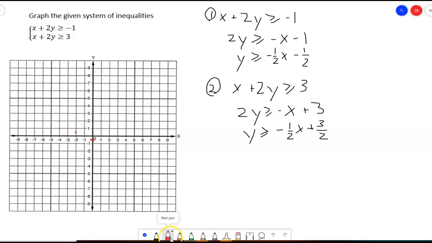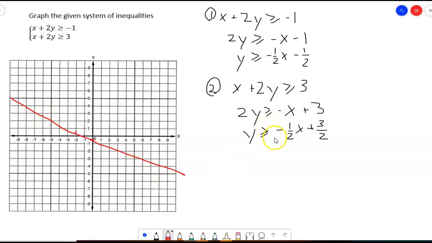Let me, oops, where is the size? Oh, there we go. Let's put a point here, put a point there. Down 1 to the right 2. So this thing is going to look like this, more or less.